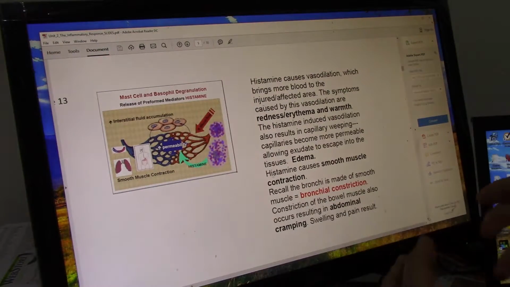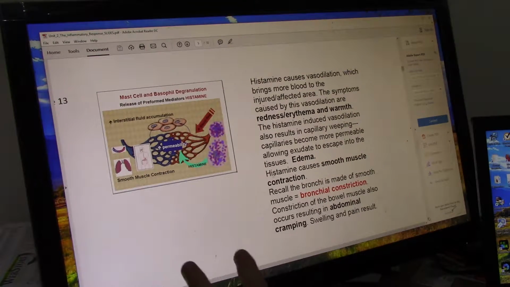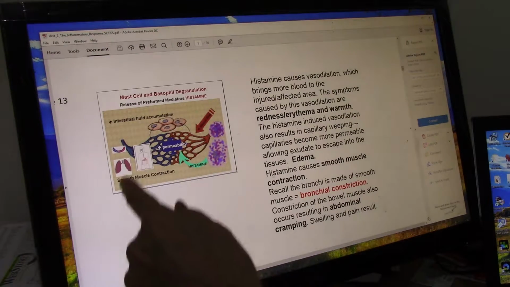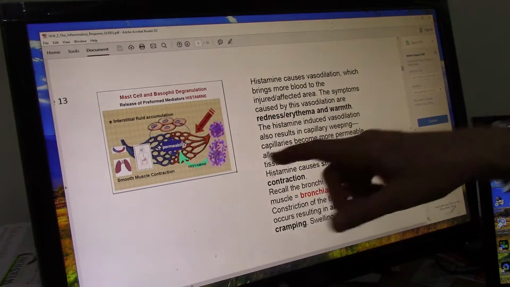One of the reasons for that is that this system is kind of dumb. It's a very primitive system. It's been with us forever, and it basically thinks, okay, I better close the airway because maybe this person is breathing in something toxic. So as a response, you will tend to get a contraction of the smooth muscles of the bronchial airway, but you will get dilation of the blood vessels.